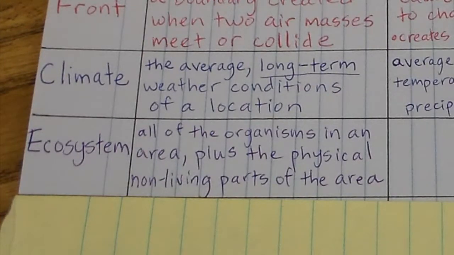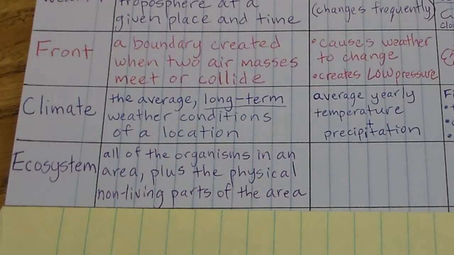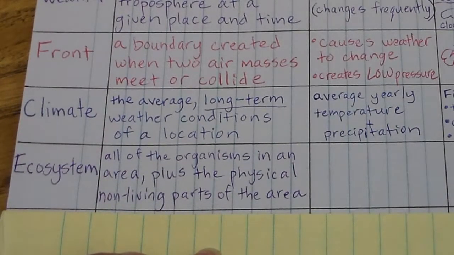So an ecosystem is all of the organisms in an area plus the physical, non-living parts of the area. So all of first semester, we did living things. This semester, we've been looking at non-living things like water and air, and now we're going to see the interaction.